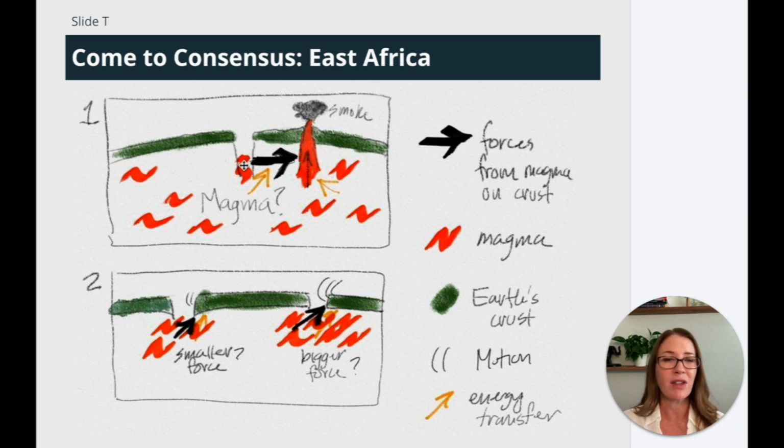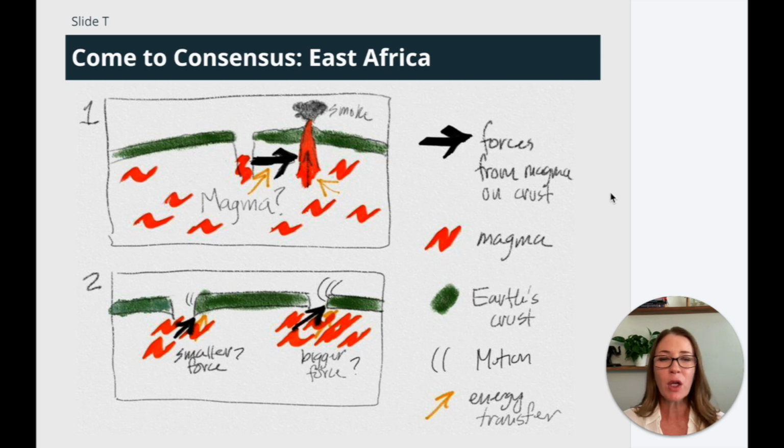You can also see, obviously, I already mentioned the motion. Sometimes there's a lot of motion, sometimes there's less motion. And also there's energy transfer happening. So whatever that force is, there's energy going from one thing to another that's causing that shaking or motion. Everyone also agreed that there's a volcano in the Afar region, and there was some smoke or an eruption at the same time as that first earthquake.